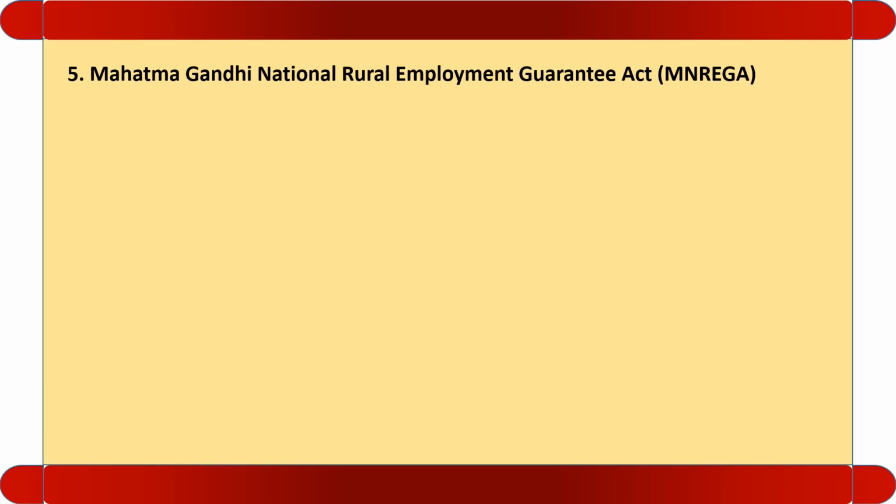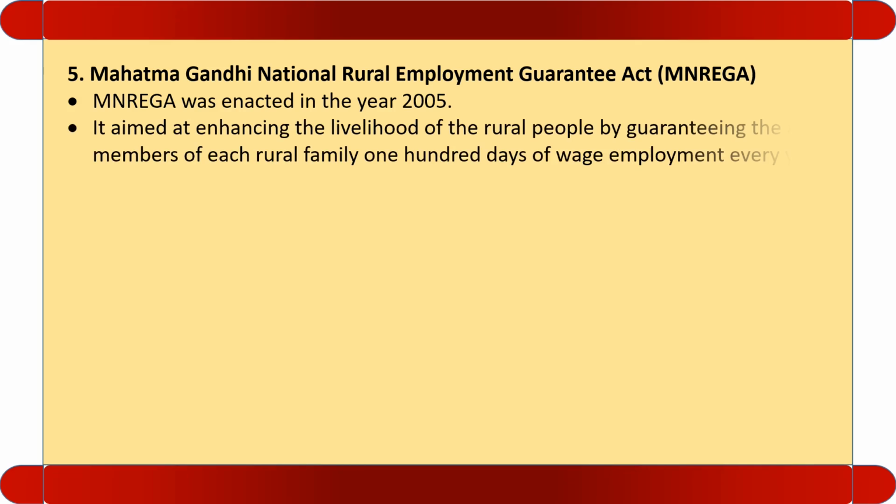Next program was the Mahatma Gandhi National Rural Employment Guarantee Act. Very important. MNREGA was enacted in the year 2005. It aimed at enhancing the livelihood of the rural people by guaranteeing the adult member of each rural family 100 days of wage employment every year.